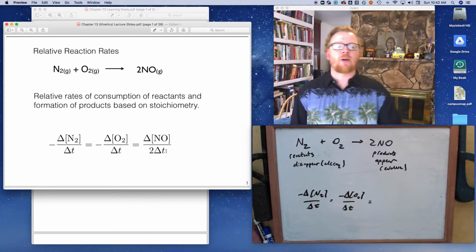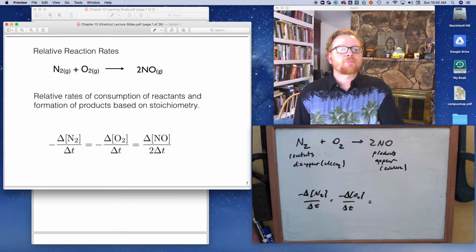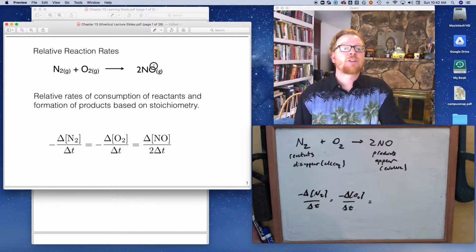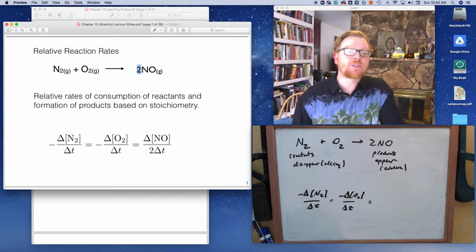If we want to think of how this relates to NO formation, for every one N2 and one O2 that are consumed, two NOs are created. So what that means is the absolute rate of NO formation is actually 2 times greater than the absolute rate of O2 and N2 consumption.